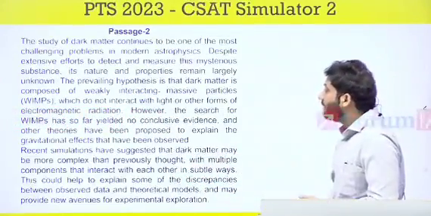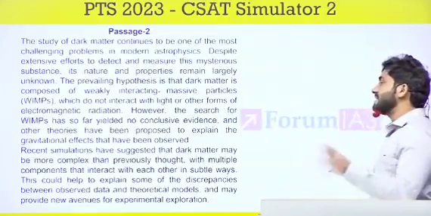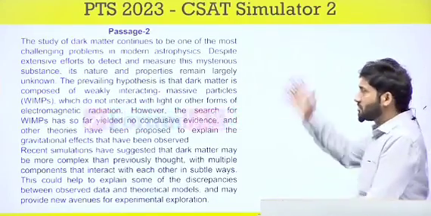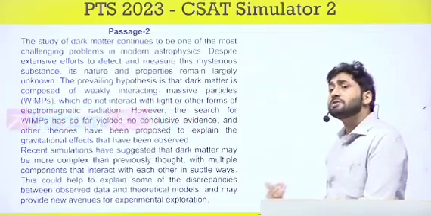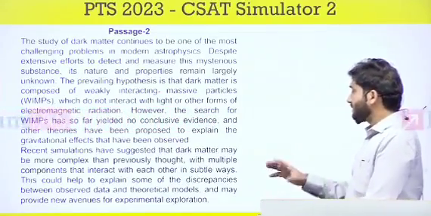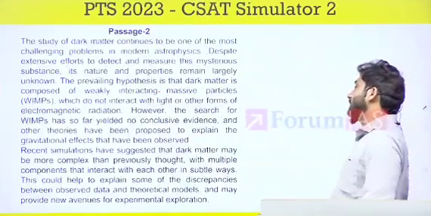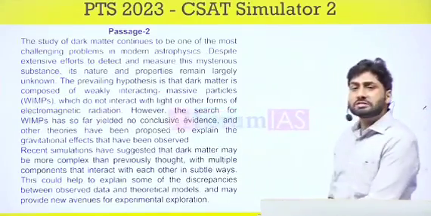This could help to explain some of the discrepancies between the observed data and all those theoretical models which are available. This can explain some discrepancies and may provide new avenues for experimental exploration.